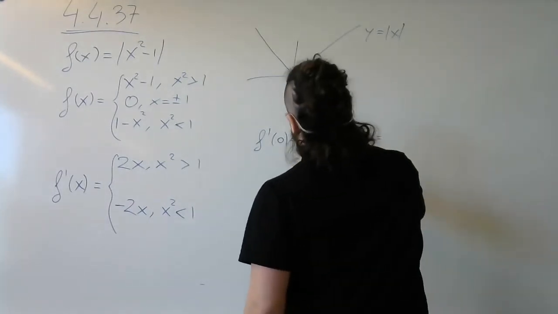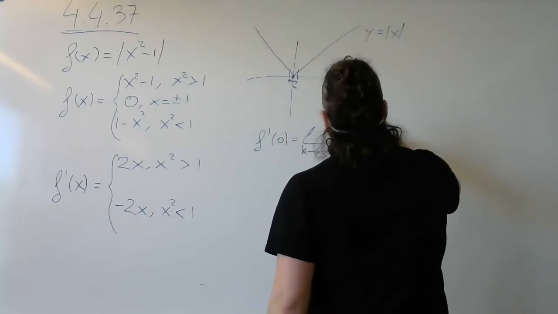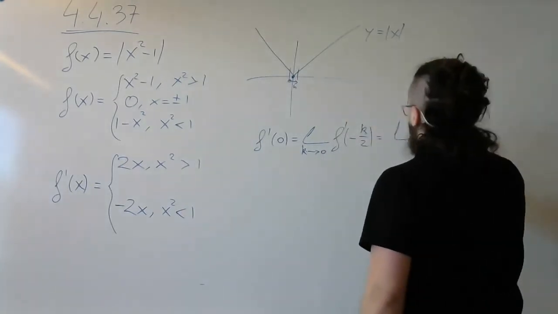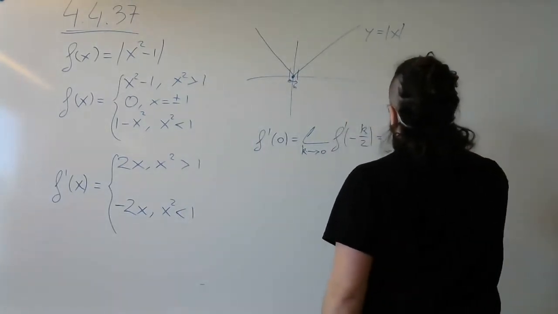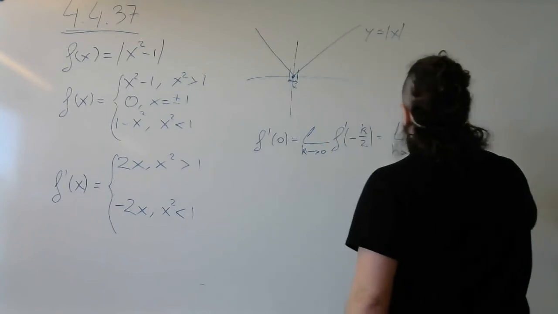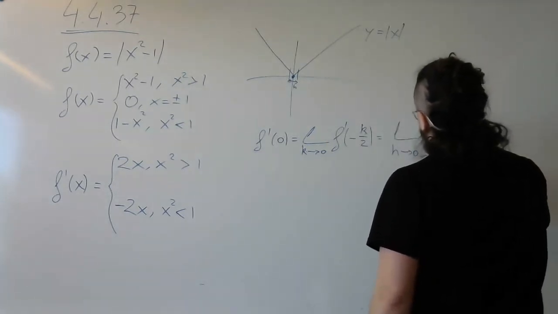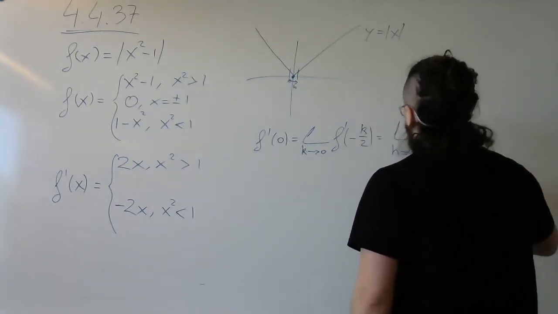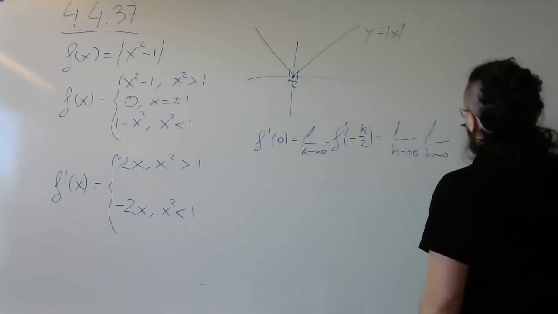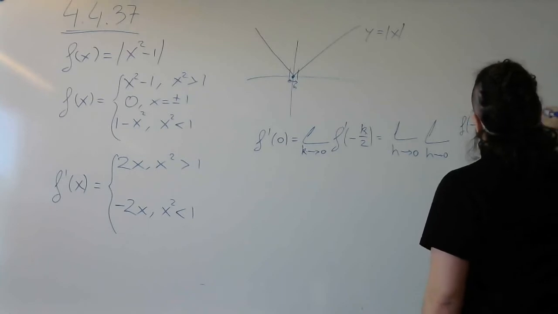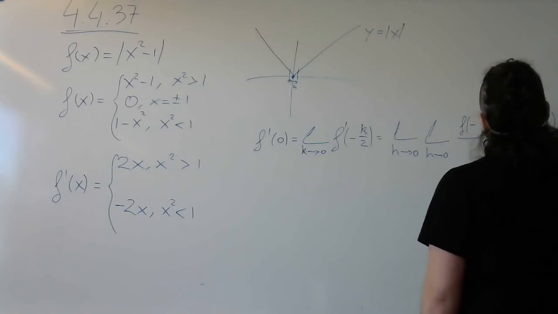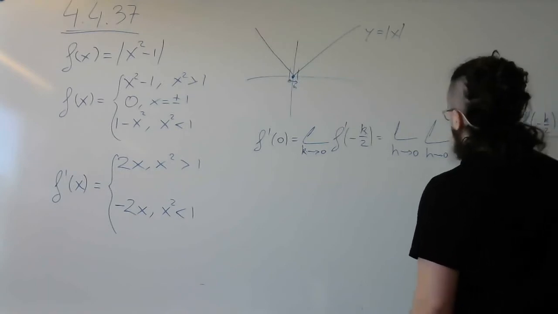So I'm going to call this k instead of h. And so this is the limit when h tends to 0 of f of minus k halves plus h minus f of minus k halves, divided by h.